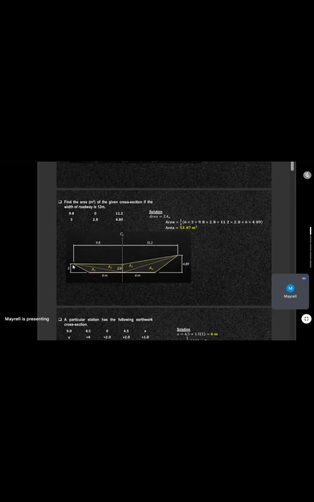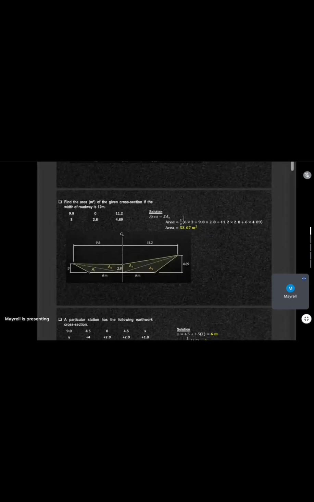So it's easier for this to divide them into triangles to solve for the area. So dividing them into four triangles. So you have area 1, area 2, area 3, and area 4. So area is the summation of these areas.